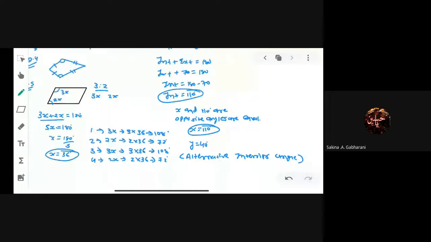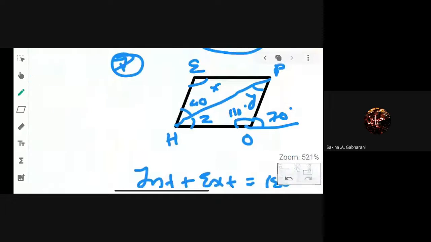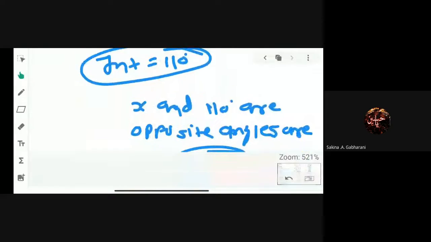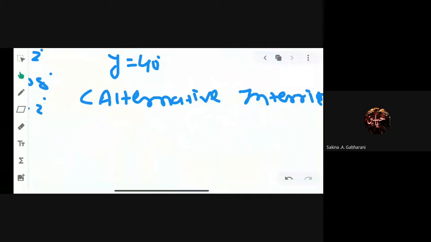Now you can see we have to find z. Okay. Now consider this triangle HOP, in which y is 40 degrees and angle O is 110 degrees. We have to find angle H, which means z. So we can use the angle sum property of a triangle.